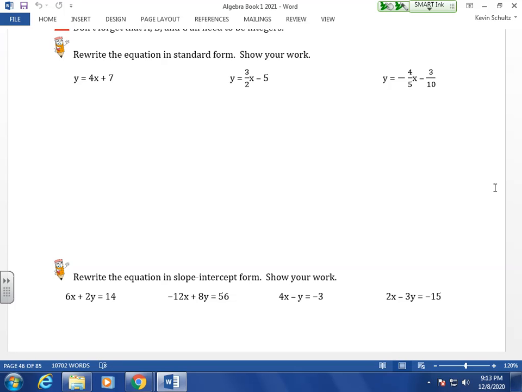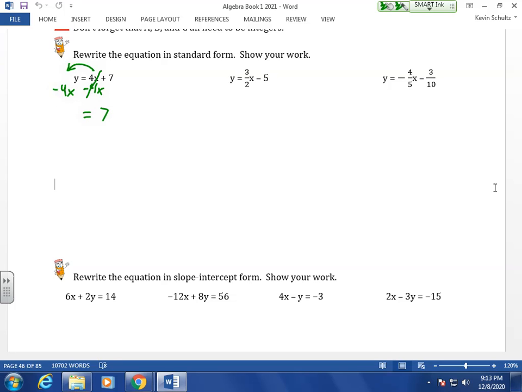Right now it's in slope-intercept form, y equals mx plus b. We want to move that x term over with the y to then put it into standard form. So we do that using opposite operations: subtract 4x from both sides, because 4x minus 4x equals 0. That leaves us with just that constant, positive 7. And on the left side, to be in standard form, ax plus by, the x term is written first.